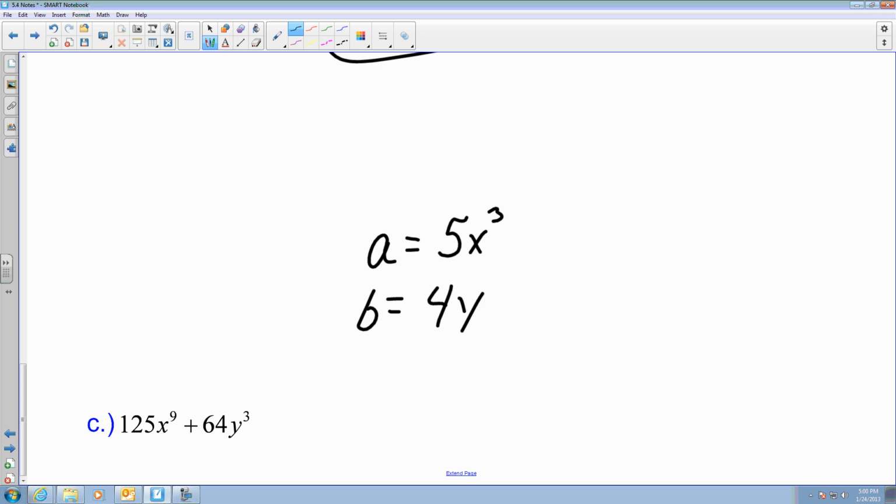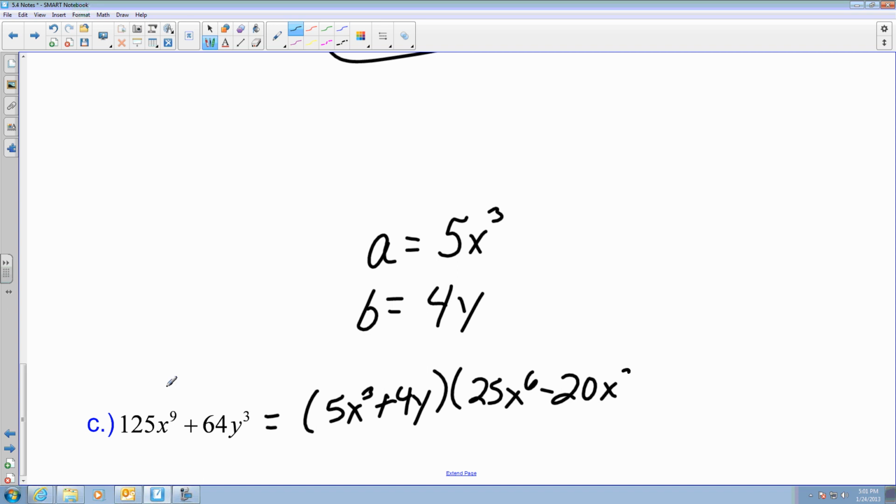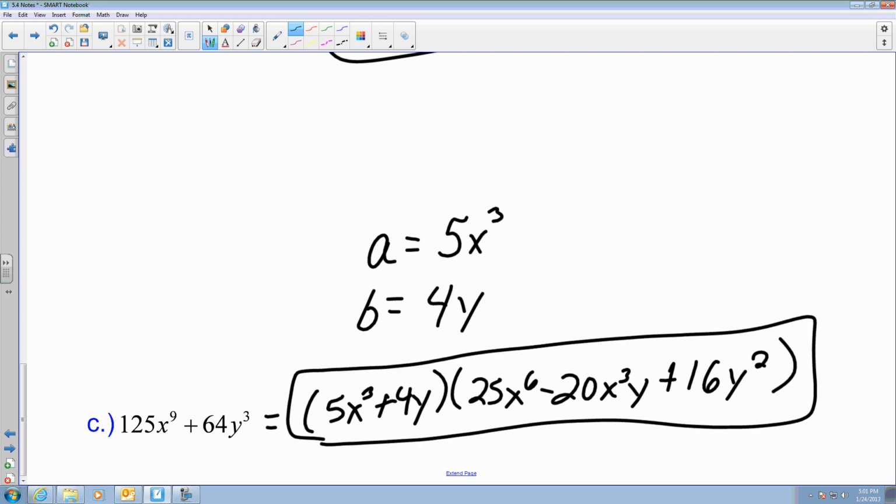So by using the formulas that I had in the beginning of the notes, I can substitute in these values to factor this out completely. So this would equal 5x to the third plus 4y times the quantity 25x to the 6 minus 20x cubed y plus 16y squared.